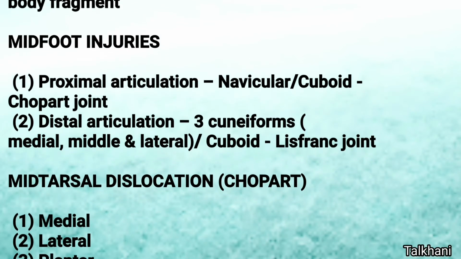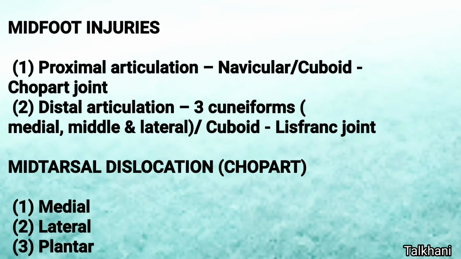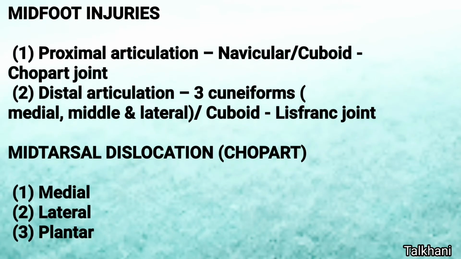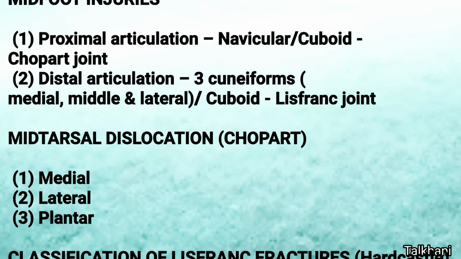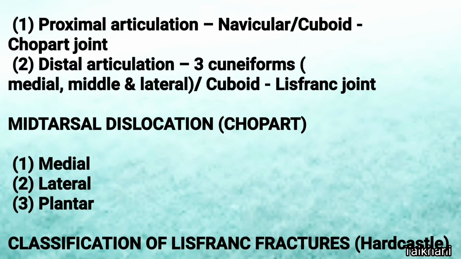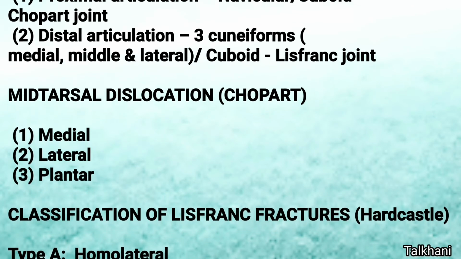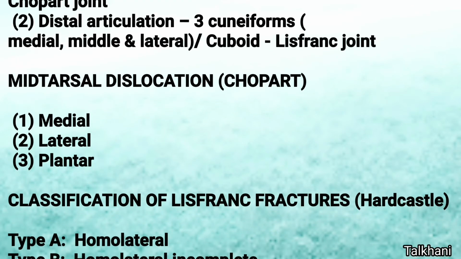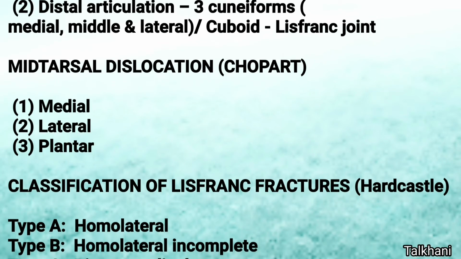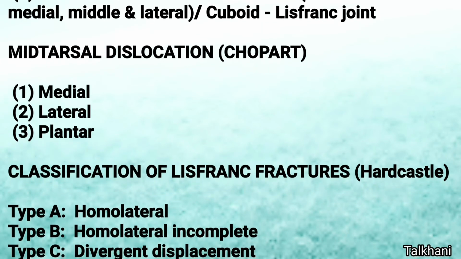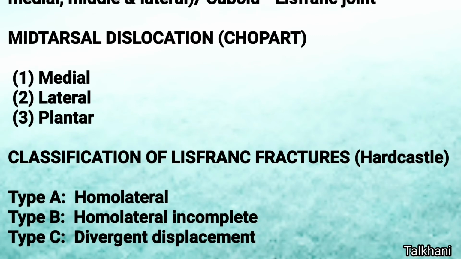Mid-tarsal dislocation or Chopart dislocation can be medial, lateral, or plantar dislocation. Hardcastle has classified Lisfranc fractures into type A, homolateral displacement; type B, homolateral incomplete displacement; type C, divergent displacement.